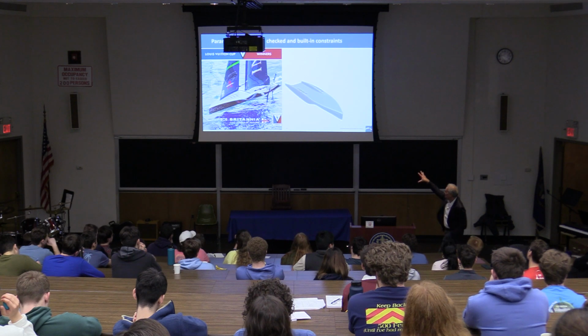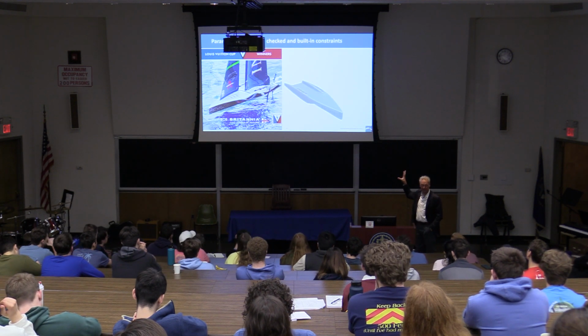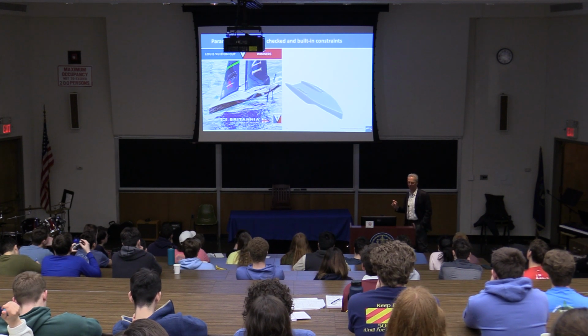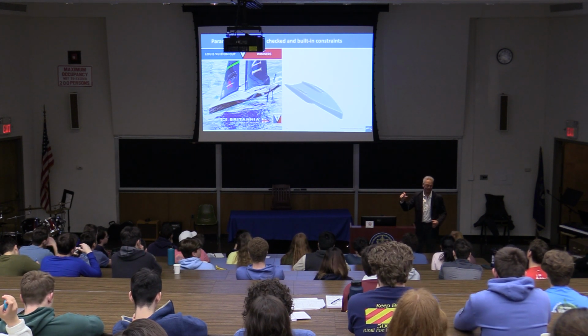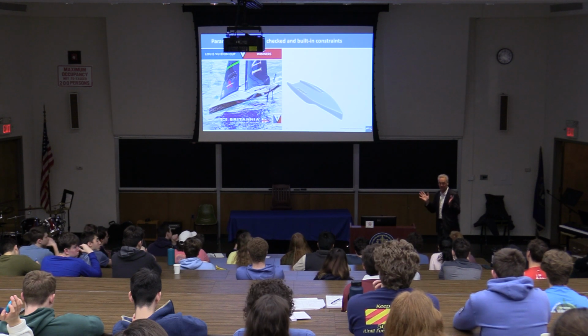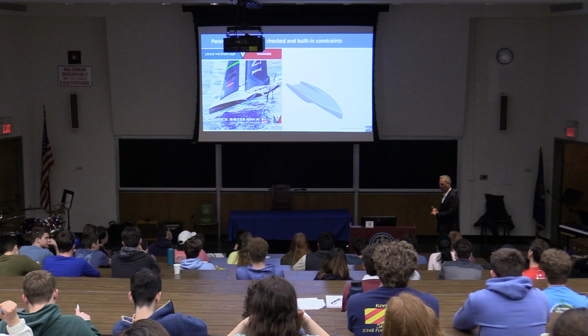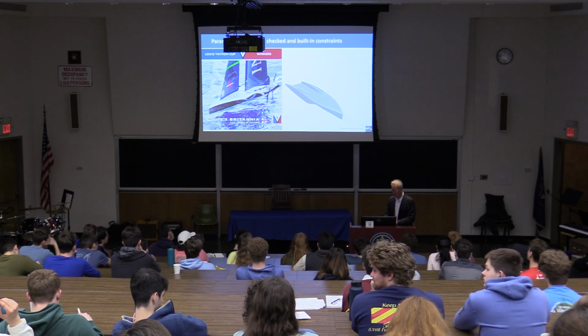But as you can see here, within the cup constraints for the last America's Cup, there are literally hundreds of constraints. It's a book of constraints, more or less, where everything is written down, inequality and equality constraints, a lot of things.